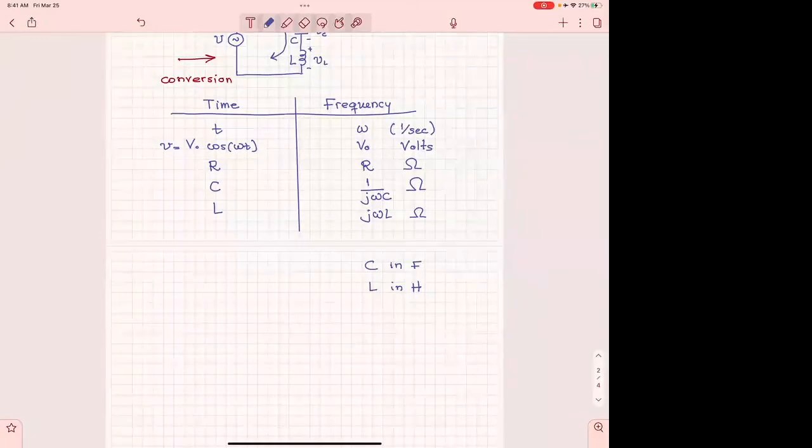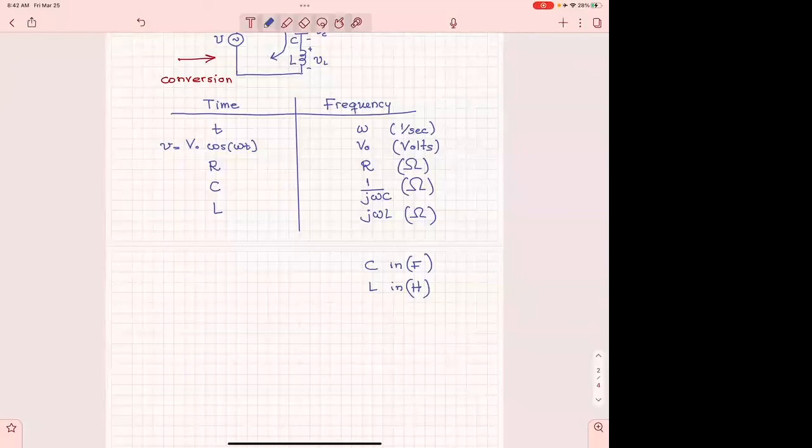You need to remember that. These are the units, even if C is in farads and L is in henries. And that is what you have seen in your circuit theory, isn't it?